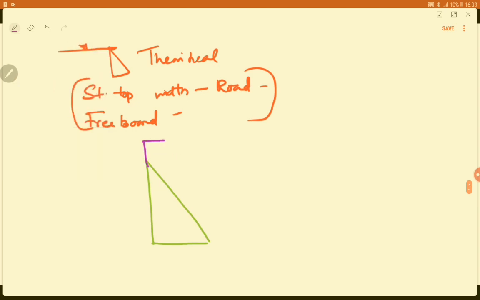So you have to provide a roadway of width a. And also you have to provide a freeboard here. This was the water level, so this was our freeboard. Fine. So this is the practical profile of a gravity dam.